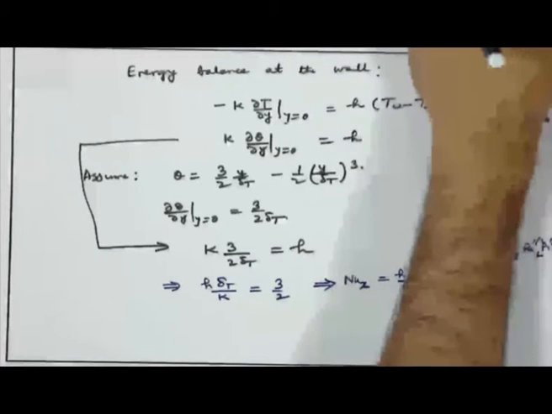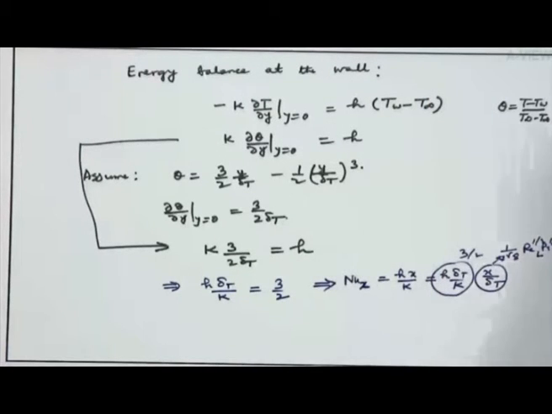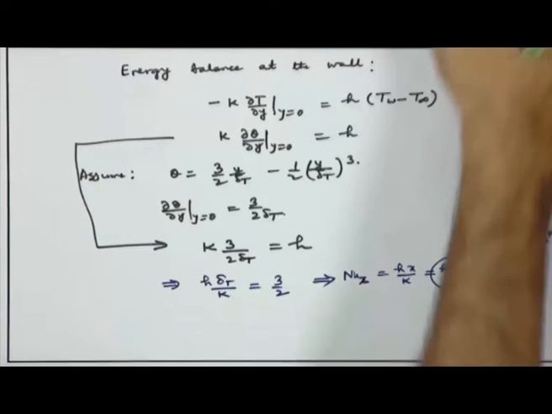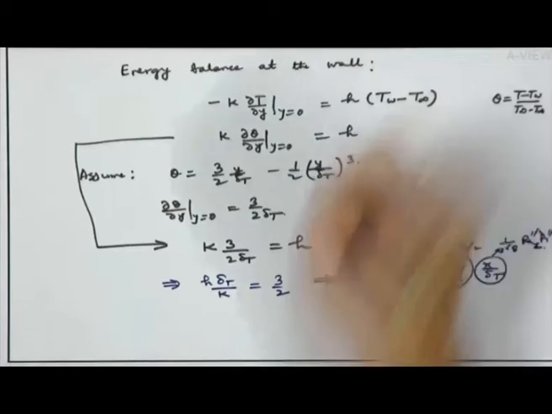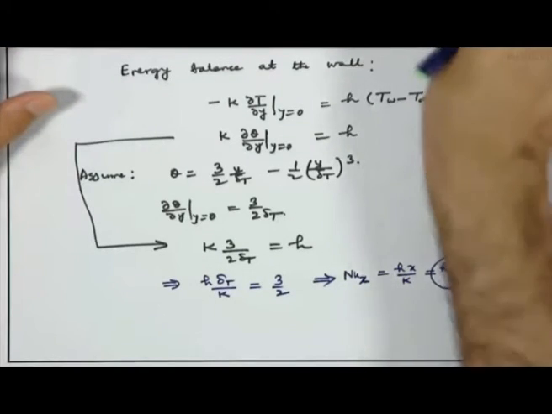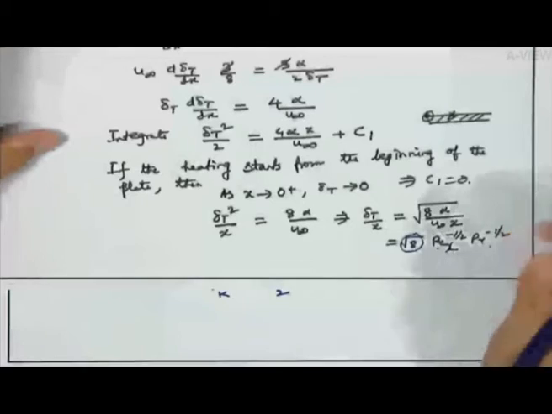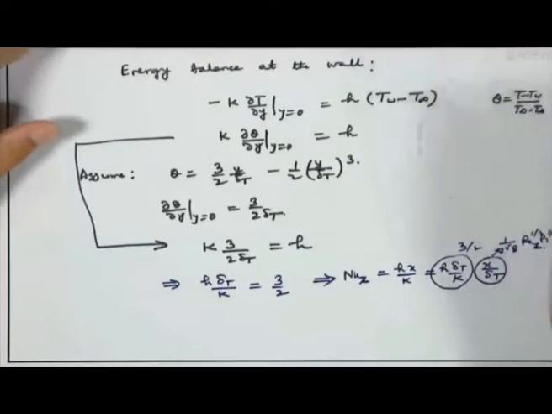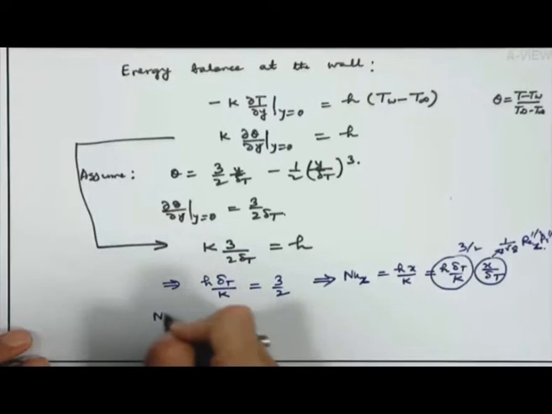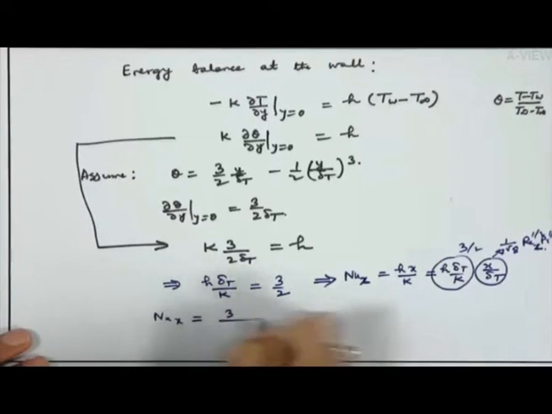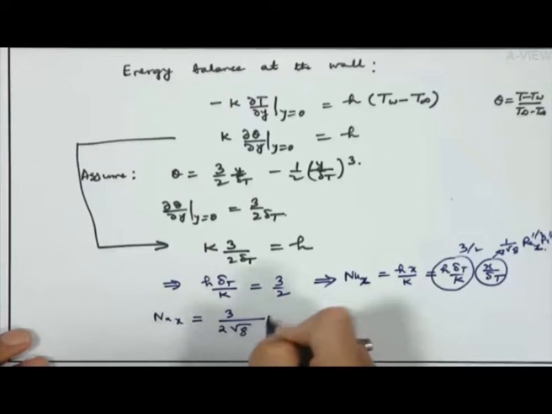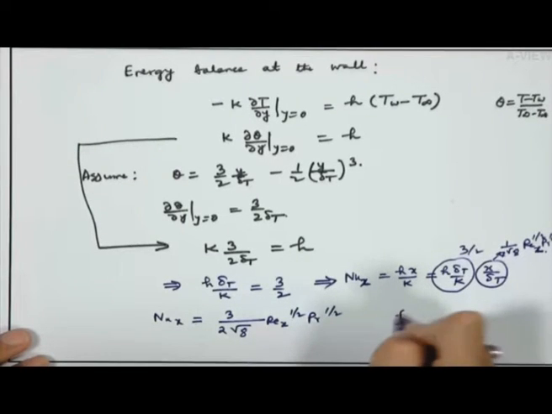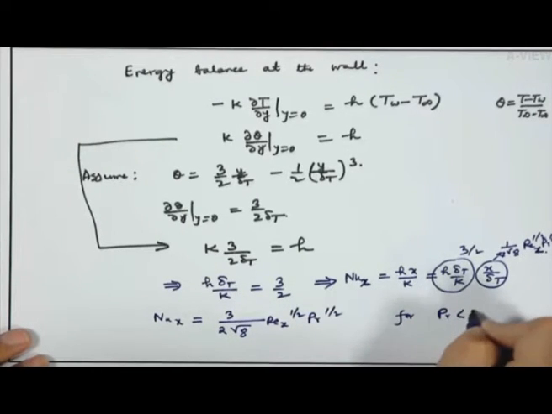This Reynolds number is based on the length x, not L. So Nusselt number based on x is equal to 3 by 2 root 8 into Reynolds number to the power half into Prandtl number to the power half. This is for Prandtl number much less than 1.